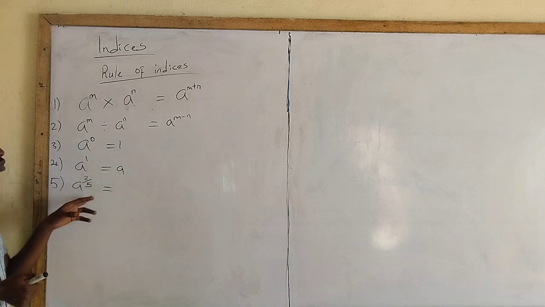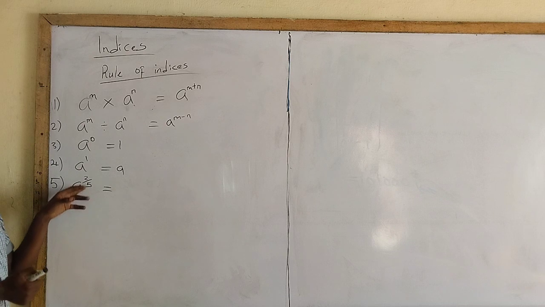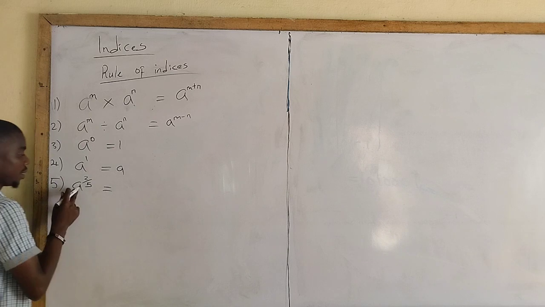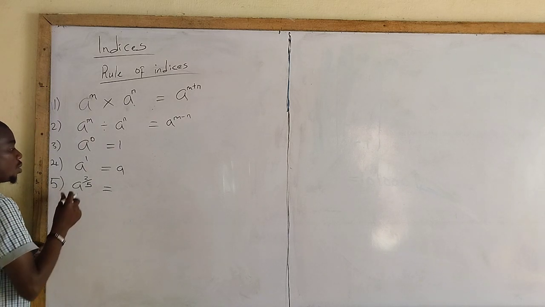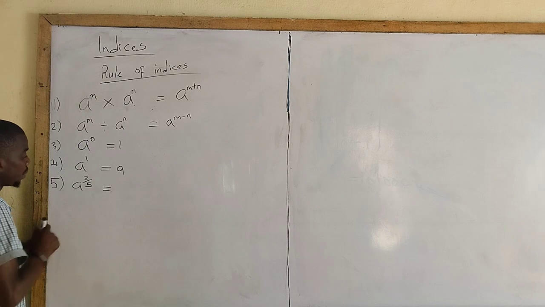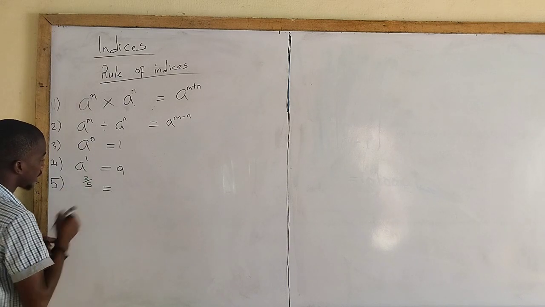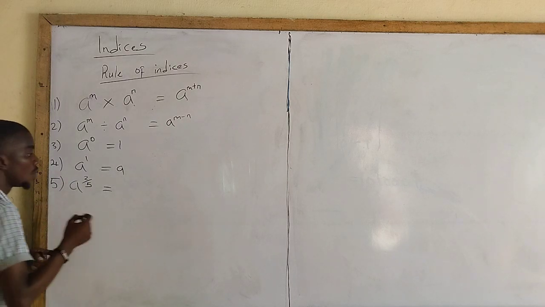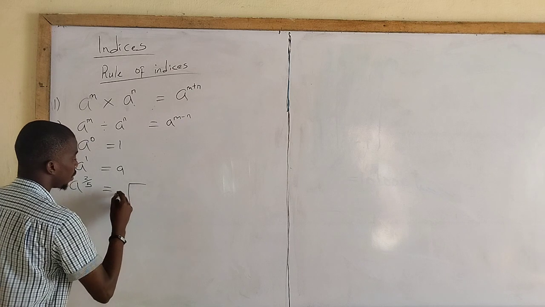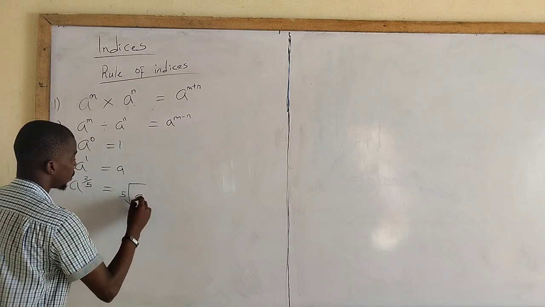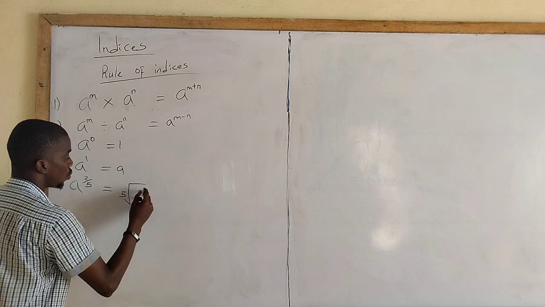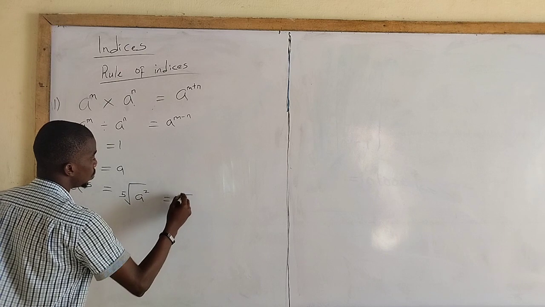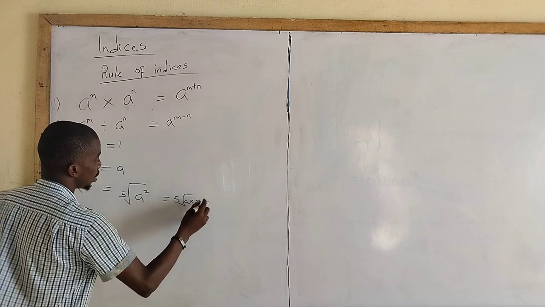So if we have a raised to the power of 2 over 5, what we do there is we have the fifth root of a, raised to the power of 2, which is as well equal to the fifth root of a times a.